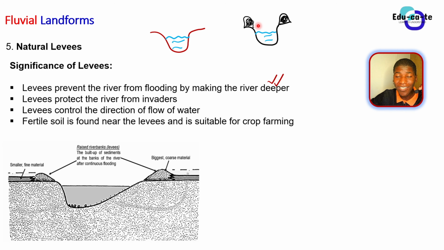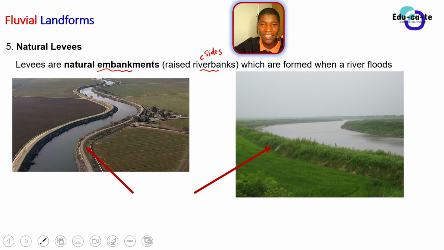Why is that? It is because there are these raised embankments, these natural levees. So the natural levees always prevent the river from flooding. I mean, imagine this. Let's just take a realistic river. If we look at this realistic river, the water, even if there is a lot of rainfall, right? Rainfall continues to happen, and then the water is full here.